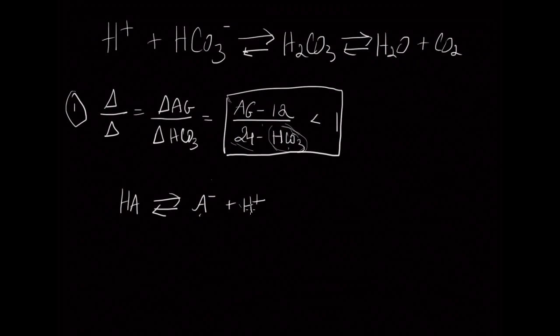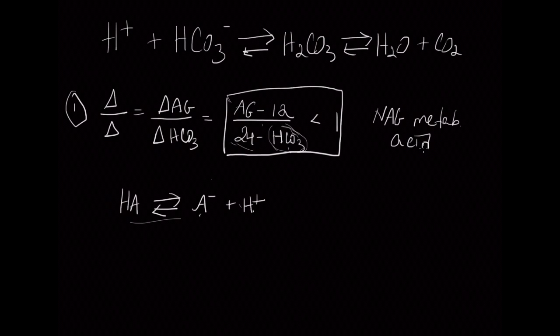In other words, the protons that come from this chemical equation cannot be the only reason why the bicarbonate has dropped. There must be some other mechanism by which bicarbonate has dropped, and that other mechanism is generally a non-anion gap metabolic acidosis.